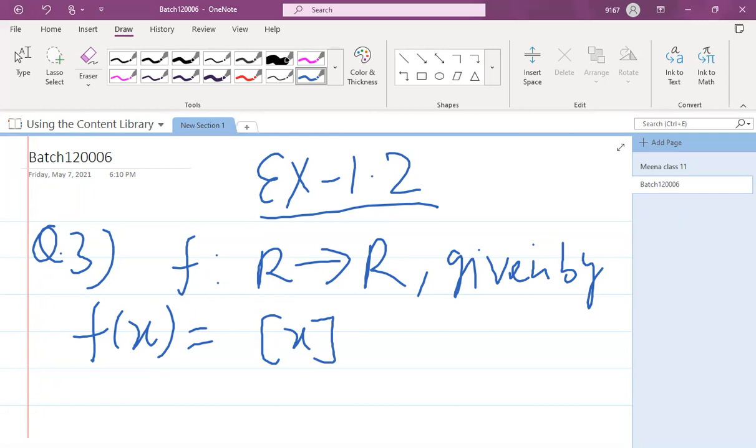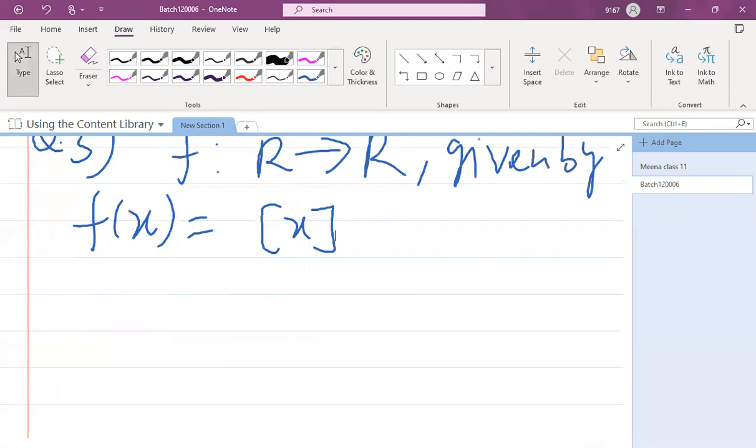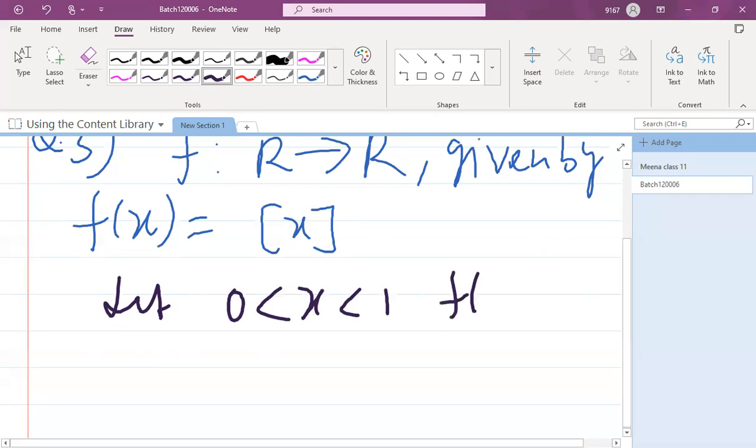Such a type of function can never be one-one, because if you take any values between 0 and 1, we always have 0. Let 0 less than x less than 1, then for any value we have f(x) equals 0.